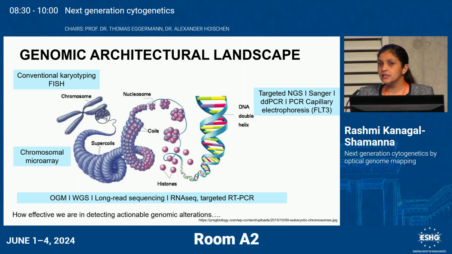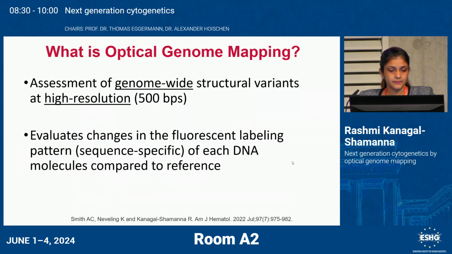We've focused on single base pair level next generation sequencing in the past decade that has thrown insights into several of the cancers and constitutional disorders. And of course, we've been doing conventional karyotyping and FISH, as well as microarray. But now we have optical genome mapping, whole genome sequencing, and long-read sequencing that are going to open up a lot of potential for patients.